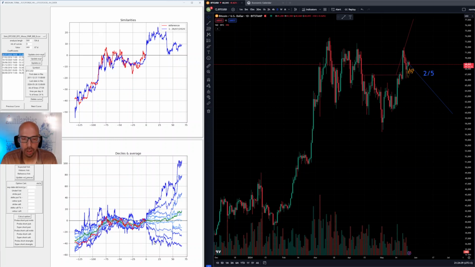So this is the minimum of the 8 curves. 10% of the curves are below this line, 20%, 30, 40, 50, I don't draw it, 60, 70, 80, 90, and max. So I can have the average and a kind of cone of probability that represents the deciles.